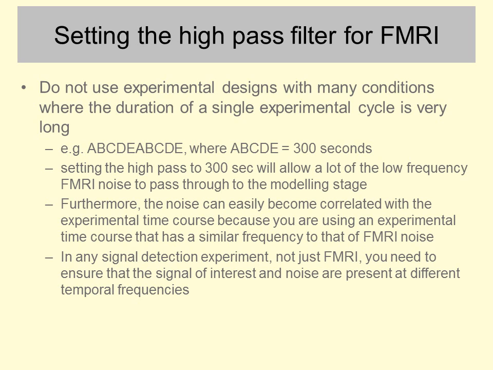For a while, with the SPM software, they would set it using a similar rule to the one I've described here, but then after a while they decided to just go for a default value of 128 for pretty much anything, which didn't make a lot of sense to me, but I think they were erring on the side of getting rid of low frequency stuff.